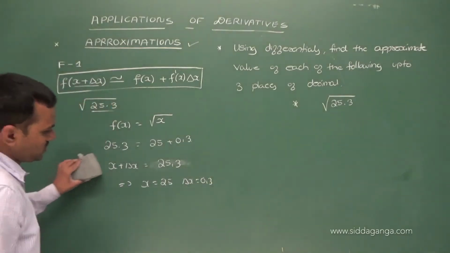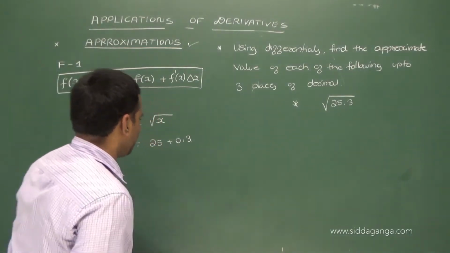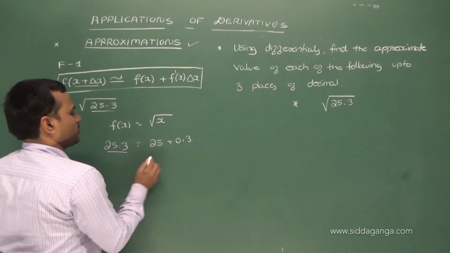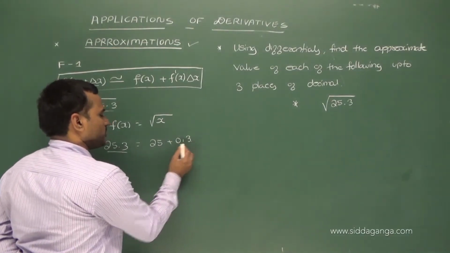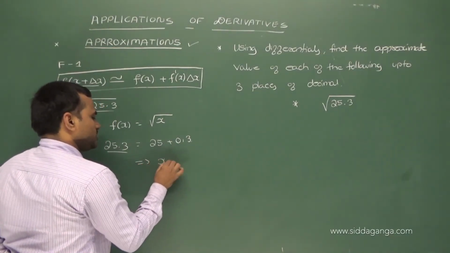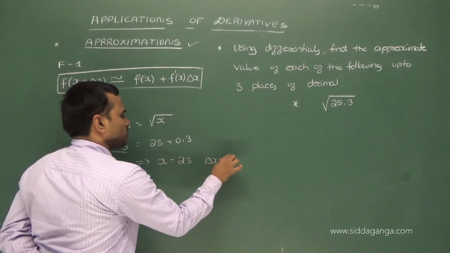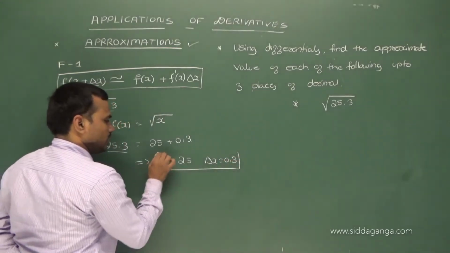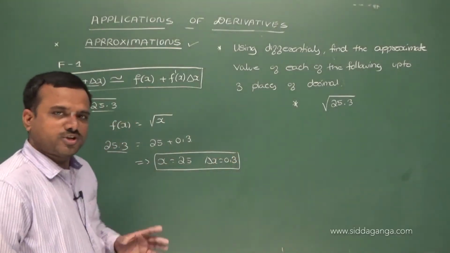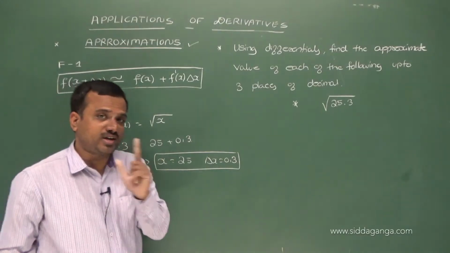So write only one step. Okay, so how to write this one. See, 25.3 is equal to 25 plus 0.3. That implies simply it is enough. X is equal to 25, delta x is equal to 0.3. Understand?